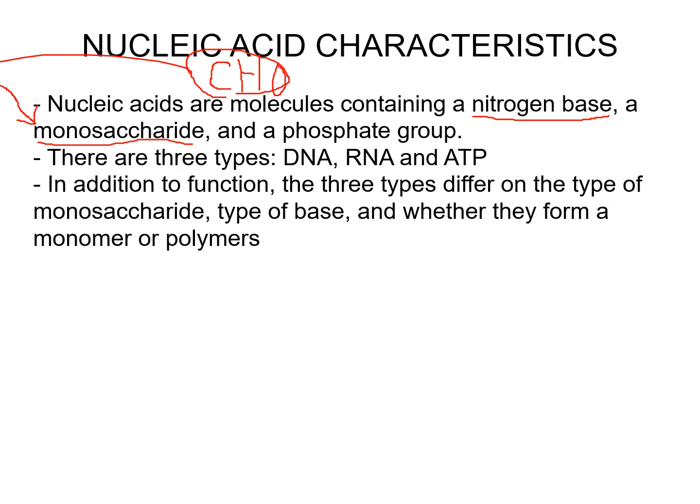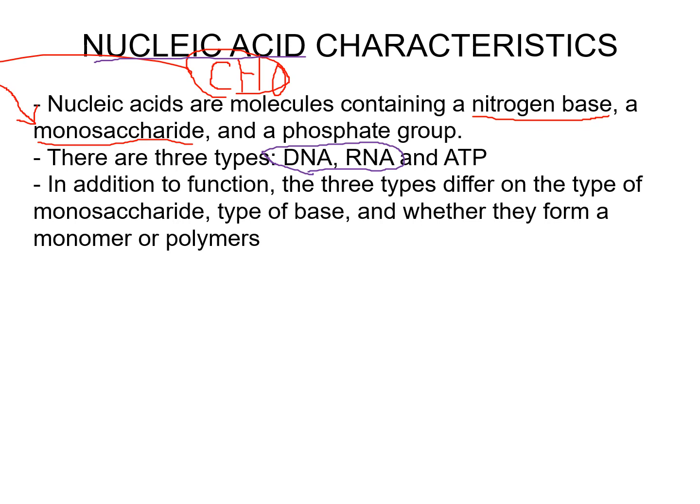There are 3 types. Actually, there are really 2 types of true nucleic acids, a little adjustment here. The 2 types of nucleic acids are your DNA and RNA. DNA stands for deoxyribonucleic acid, and RNA stands for ribonucleic acid. And then we have ATP.